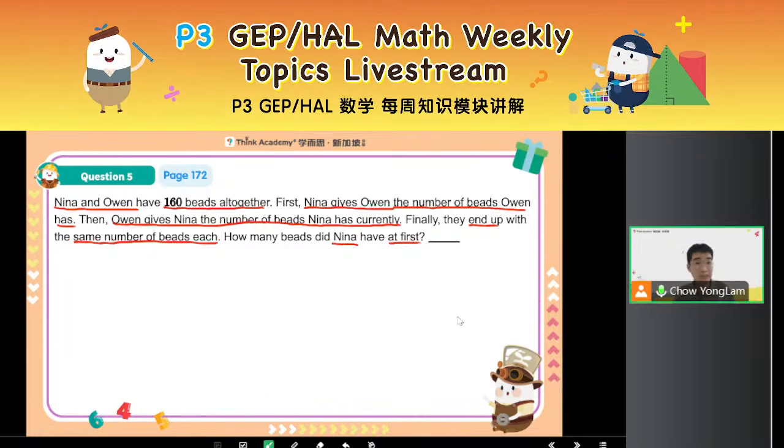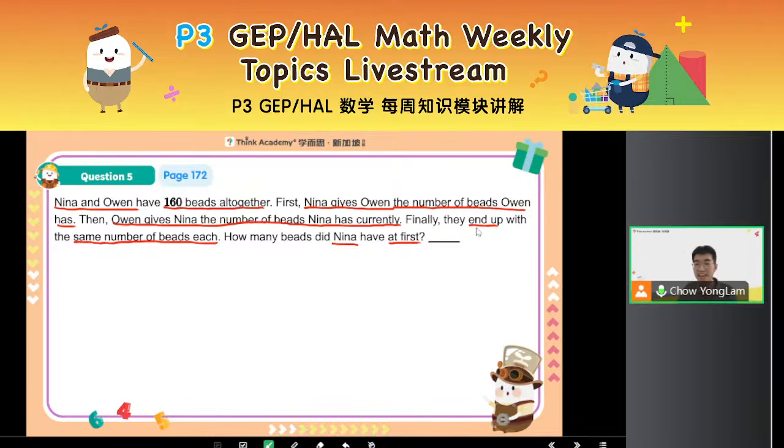Now, we know the total is 160. We just don't know how many each of them have, right? We don't know the start. But do we know the ending here? Even though no numbers are given, do we know the ending? We actually do, right?